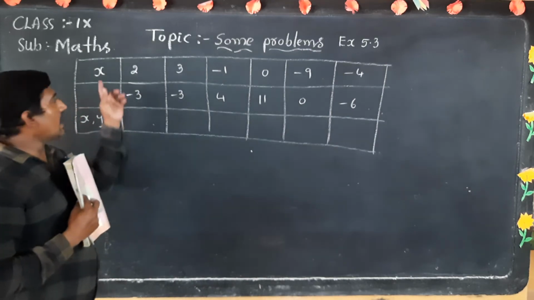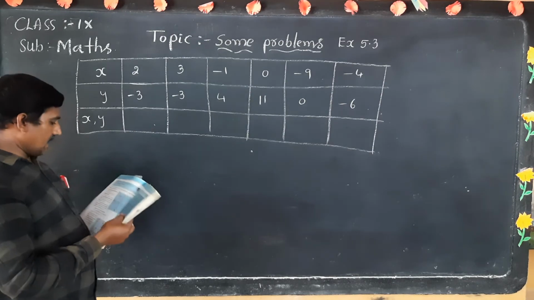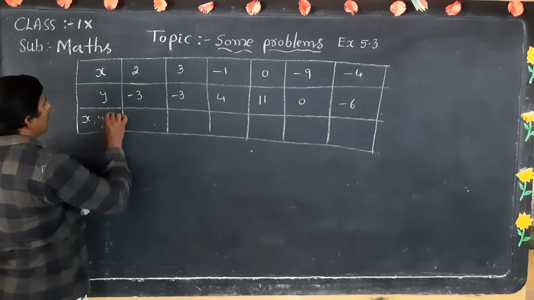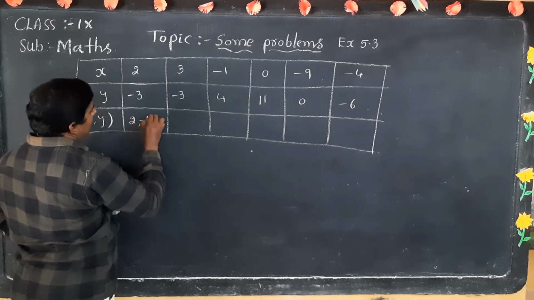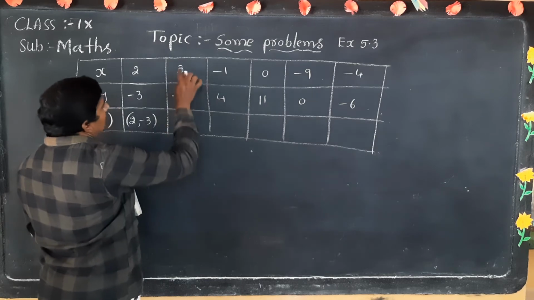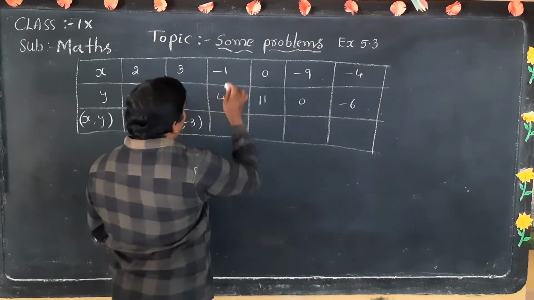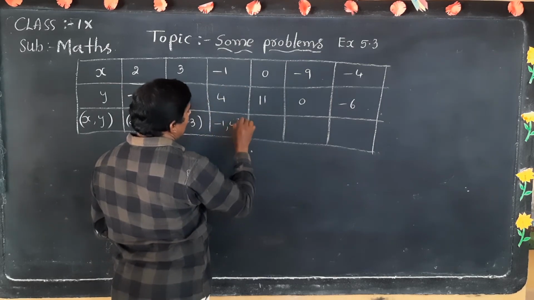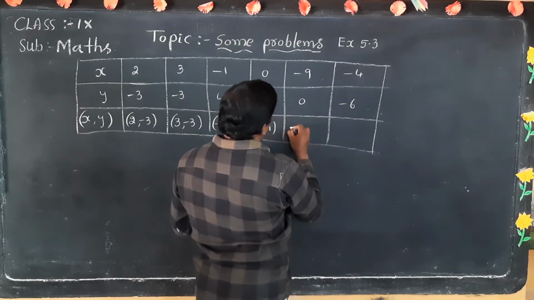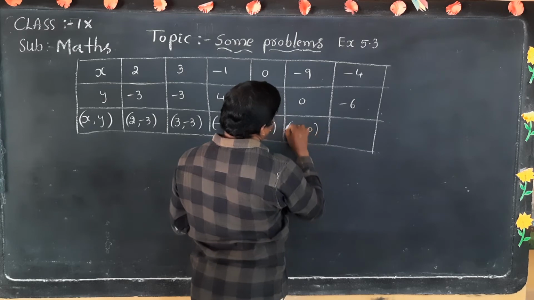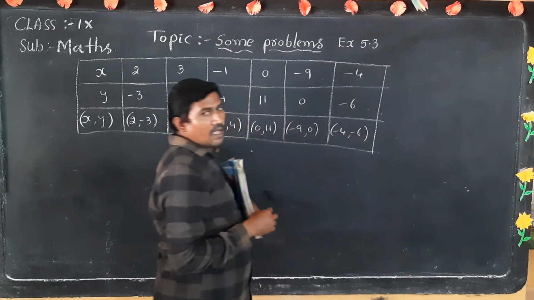They have given the x values. These are all coordinates, and what we should write is x comma y, that is, the x value and then the y value: (2, -3), (3, -3), and (-1, 4), (0, 11), (-9, 0), (-4, -6).